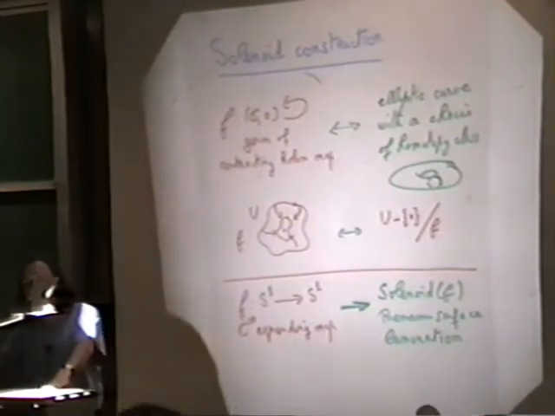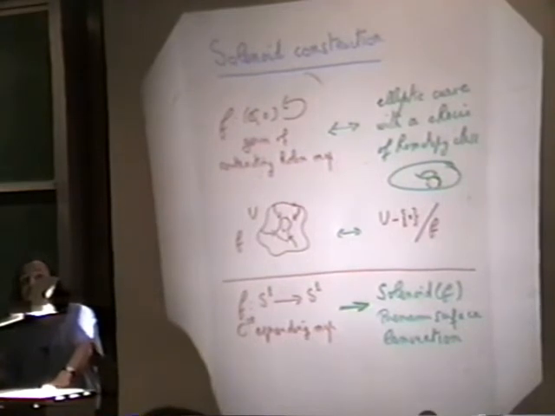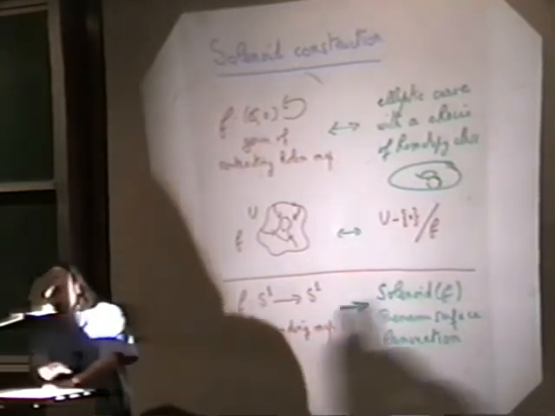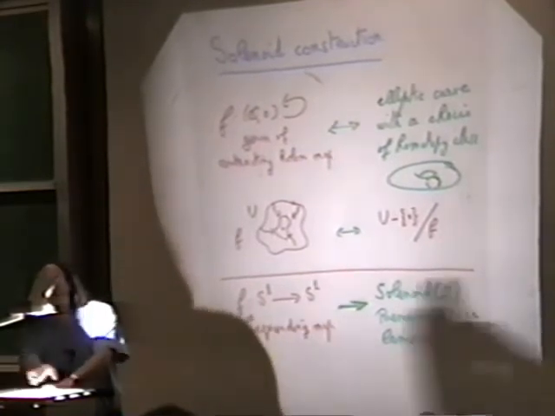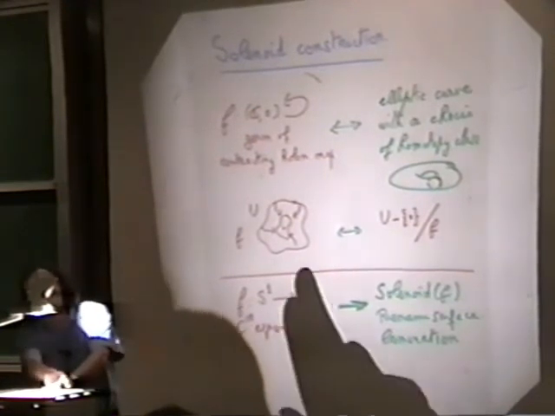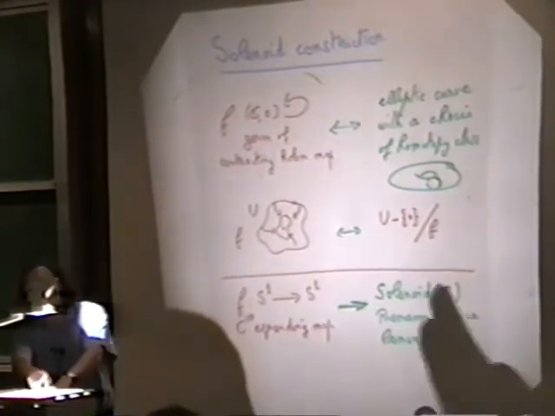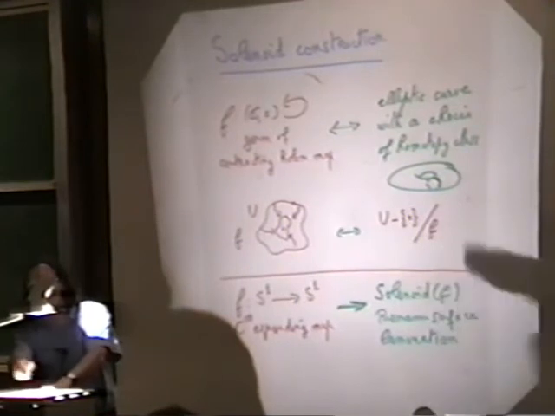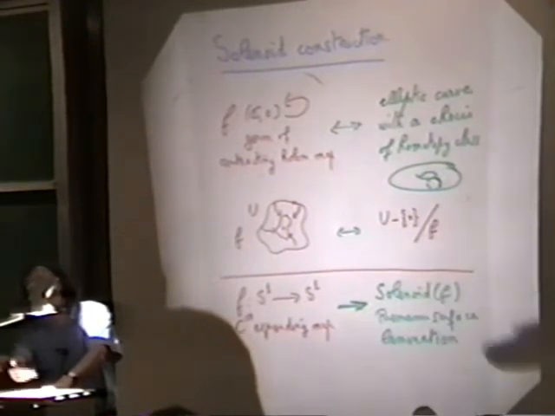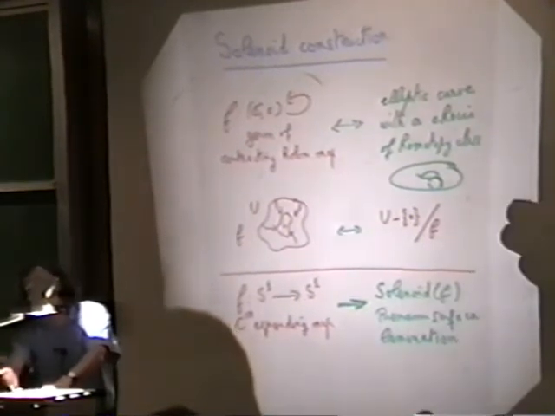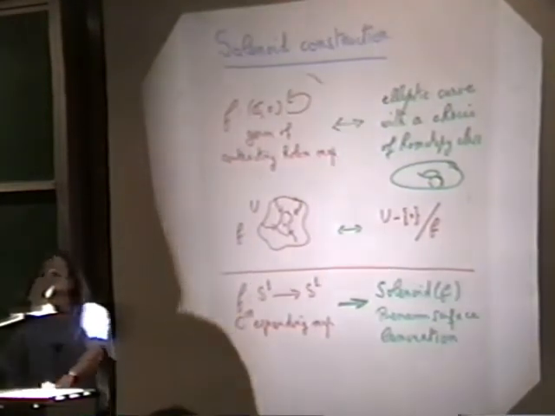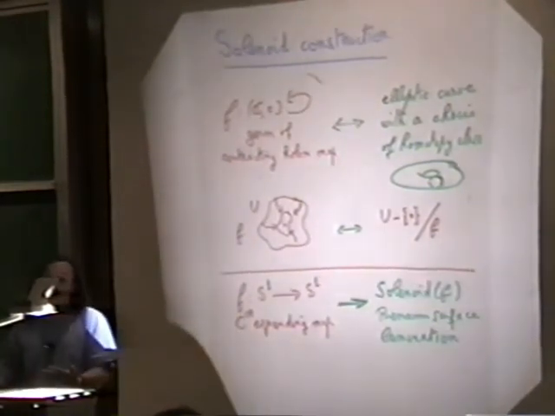And the simple observation is that these two things are just the same. If you give me a germ, I give you an elliptic curve with a homotopy class, and conversely, if you give me an elliptic curve with a homotopy class, then I give you a germ up to conjugacy.